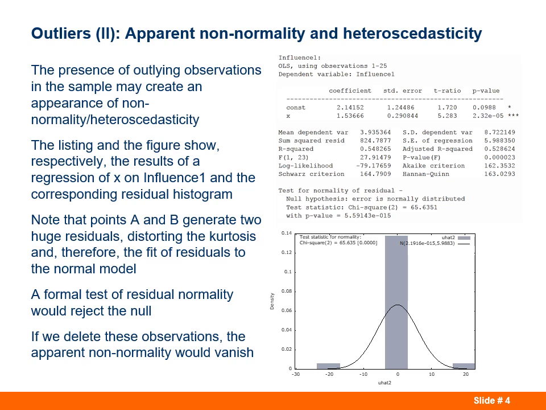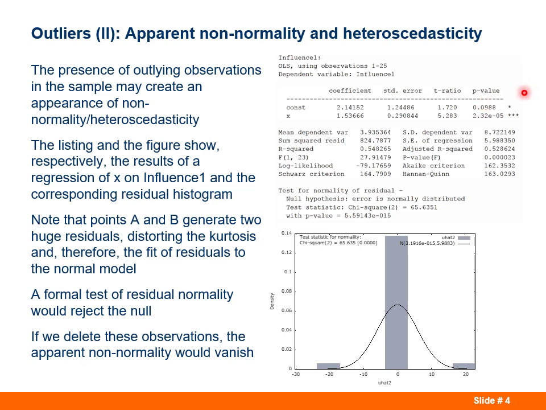So, what are the effects of outliers over the sample? In this regression model, you are regressing influence 1 over x. So this corresponds exactly to the same example that we have just reviewed. As you see, the coefficient and the slope are very close to the simulated values. 2.14 is very close to 2.0 and 1.54 is very close to 1.50.